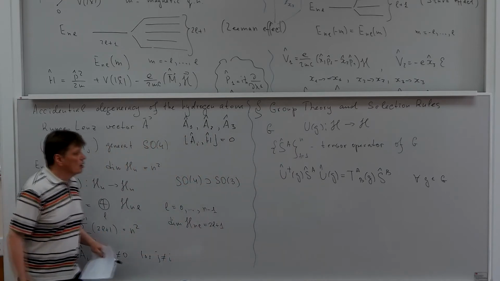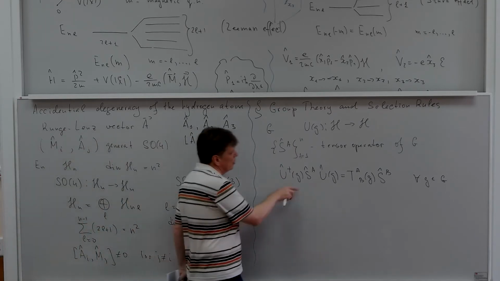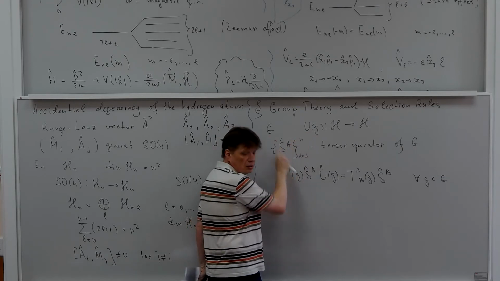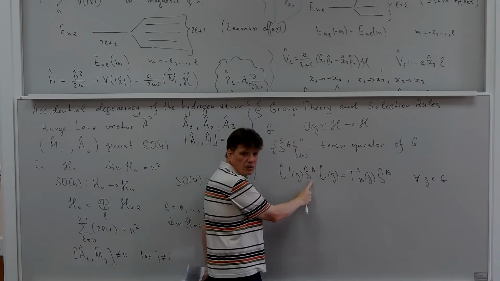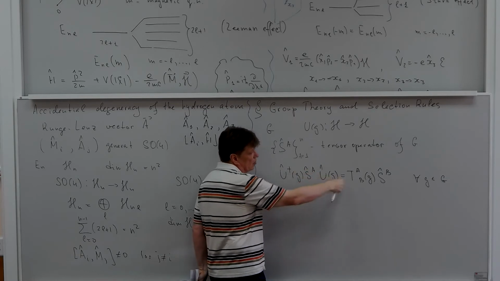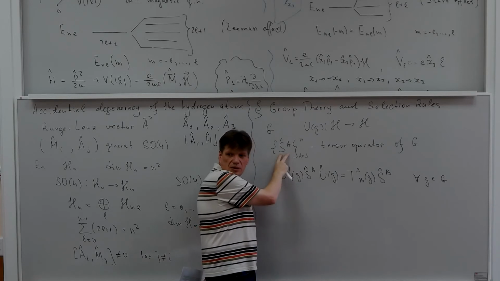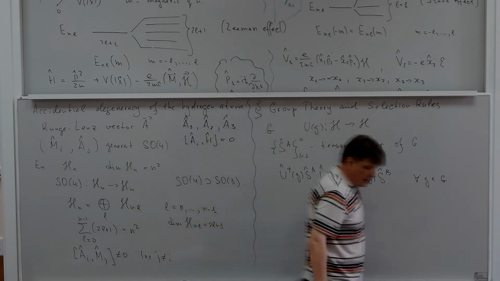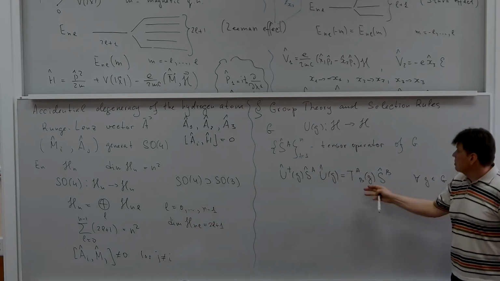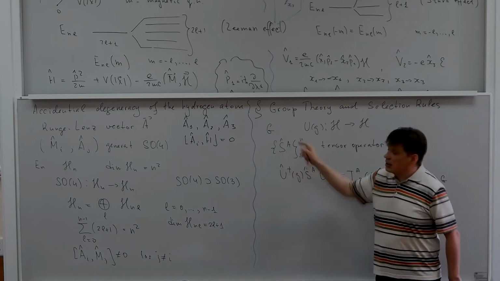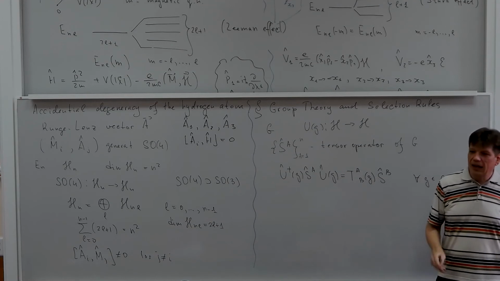So we apply unitary transformations from our group G to our set of operators, and we again get some linear combinations of the same operators, from the same set. If this happens, we say that this set of operators A forms a tensor operator.